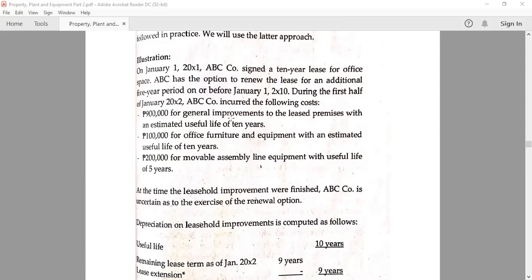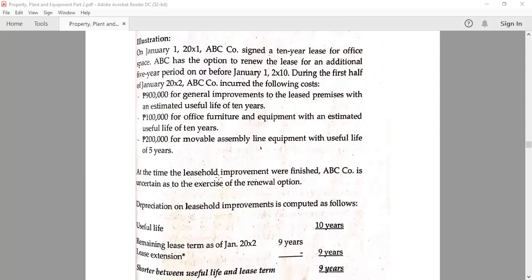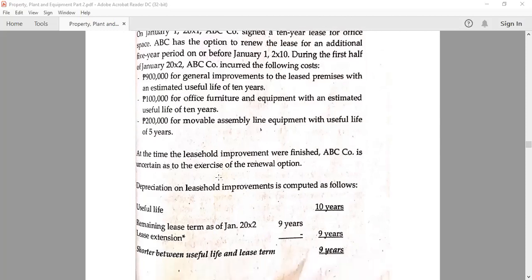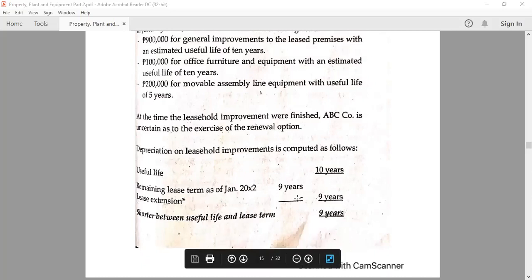So there are general improvements, and then furniture and equipment, and assembly line equipment with their respective useful lives. At the time the leasehold improvements were finished, ABC company is uncertain as to the exercise of the renewal option. So in other words, no lease extension, so 0.